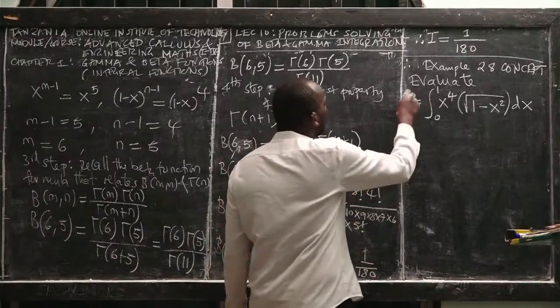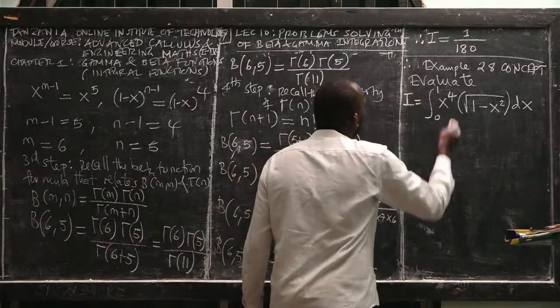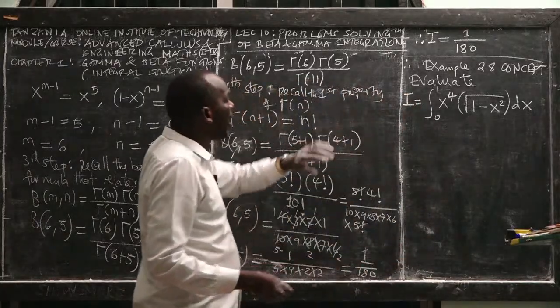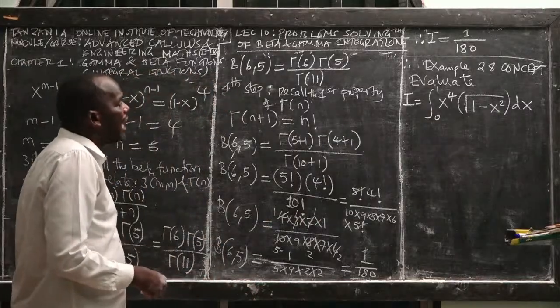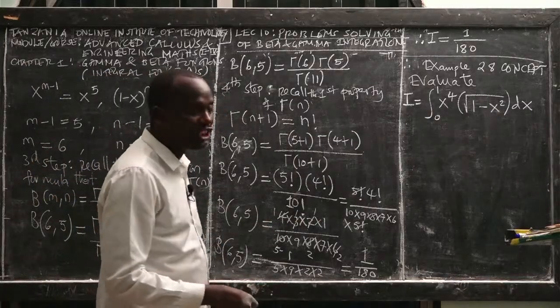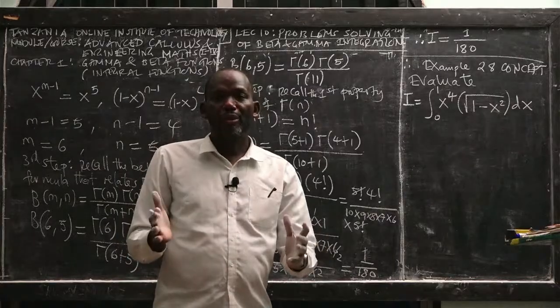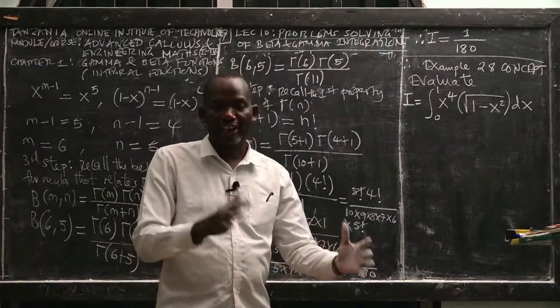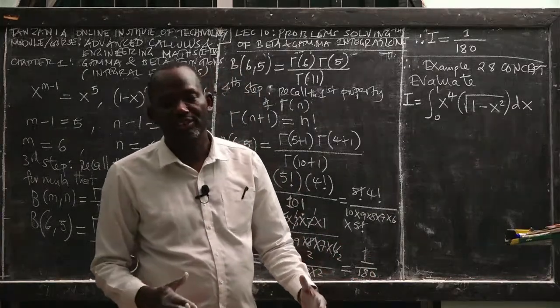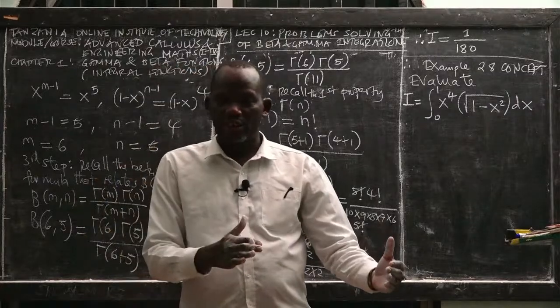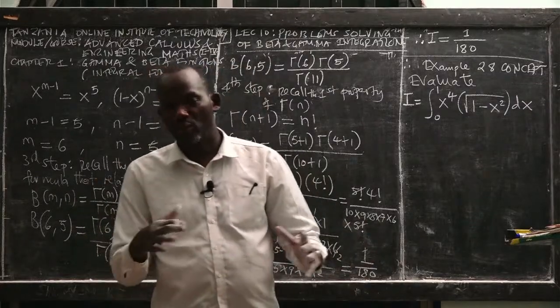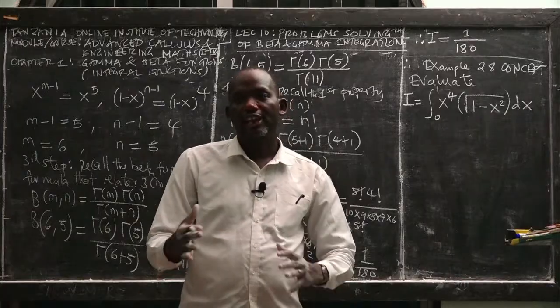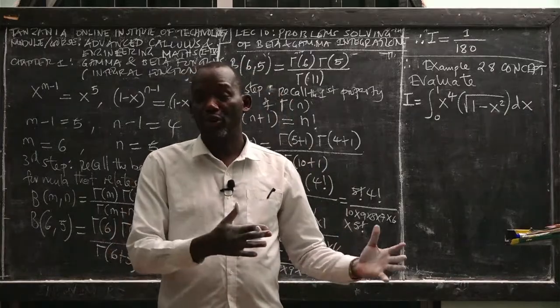Evaluate integral is equal to integral from 0 to 1 x power 4 under root of 1 minus x squared dx. In normal timetable of undergraduate or bachelor degree students, a single lecture usually takes 1 hour, and in some lectures it might go 2 or 3 hours.